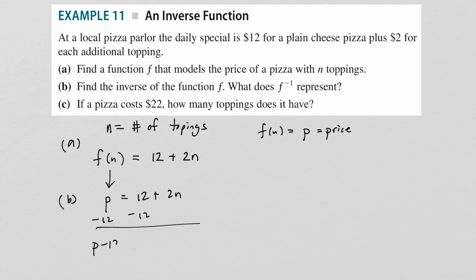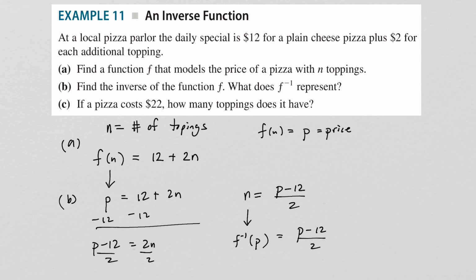This gives us p minus 12 equals 2n. And then we can divide by 2 on both sides, and that gives us n equals p minus 12 divided by 2. And then we would change n to be f inverse of p. And f inverse of p is going to be p minus 12 divided by 2.